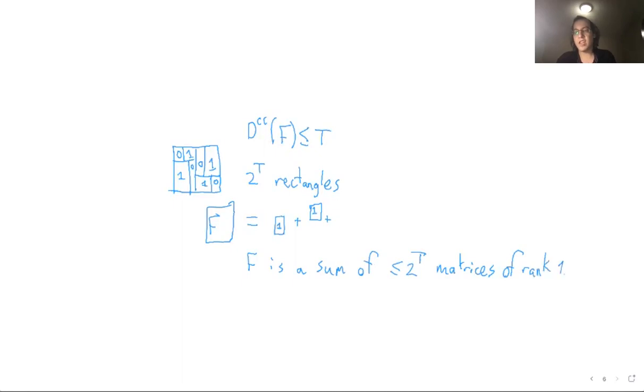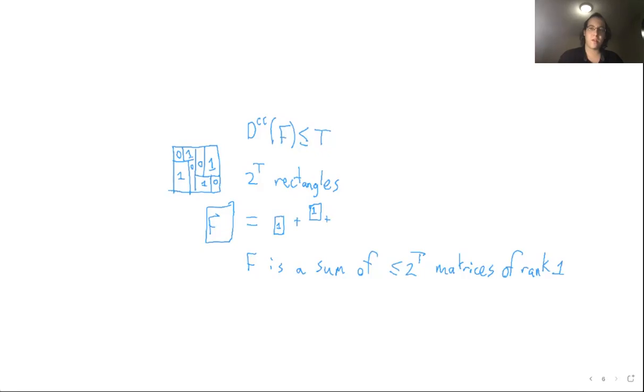And that's because each rectangle, an all ones rectangle with zeros around it, is a matrix that has rank 1. There's only one linearly independent row in such a matrix. Every other row is either identical or it's all 0.